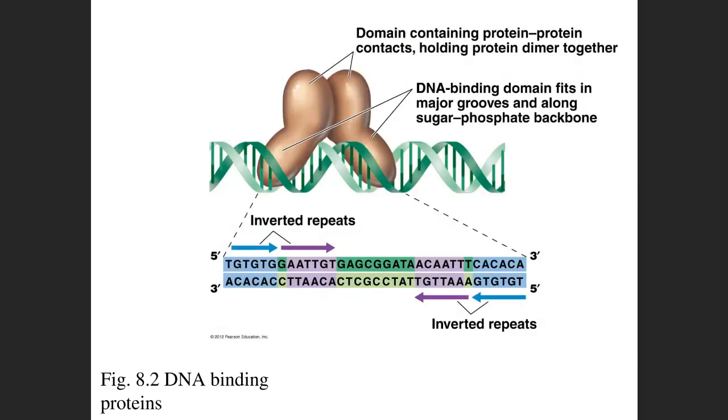This lac repressor is actually formed by two copies of the same protein. You have two copies and they each bind to a binding site, so it's an inverted repeat in the major groove, as we talked about.